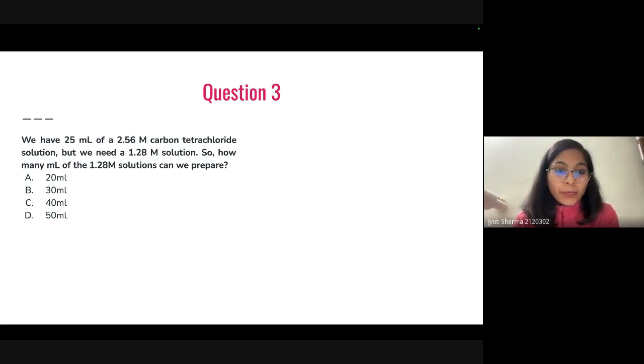So here what we are doing, we are changing our molarity from 2.56 to 1.28. So for that, we also have to change the volume, right? And we have the formula, that is M1V1 is equal to M2V2. So can you calculate the new volume? For that volume, the molarity will be 1.28.